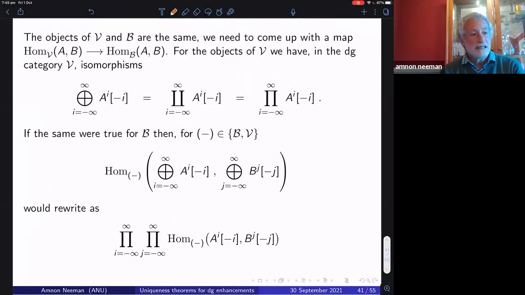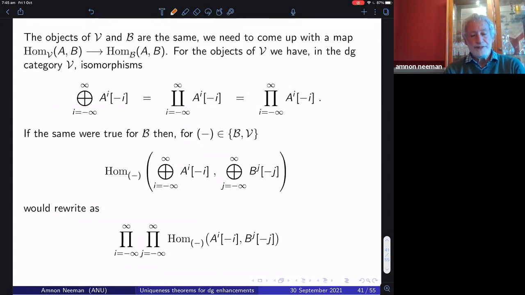Okay, so now I'm going to simplify. Remember, in the category V, the direct sum is both the coproduct and the product.